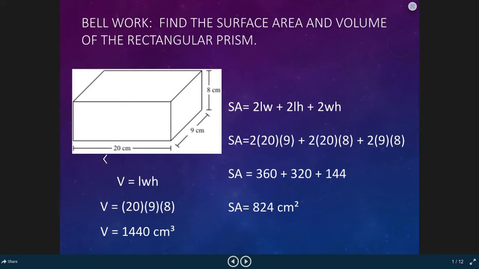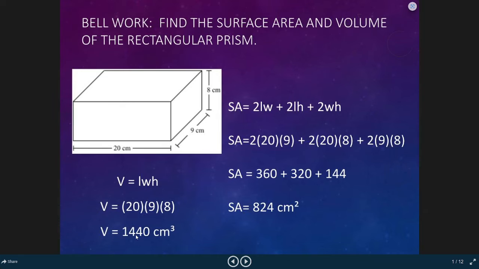20. Okay, 20. And what is the width? 9. So what is the height? 8. Okay, 8. So 20 times 9 times 8 equals 1440.